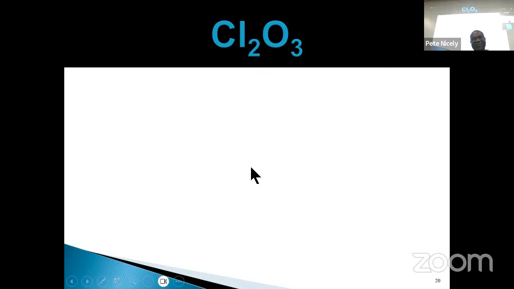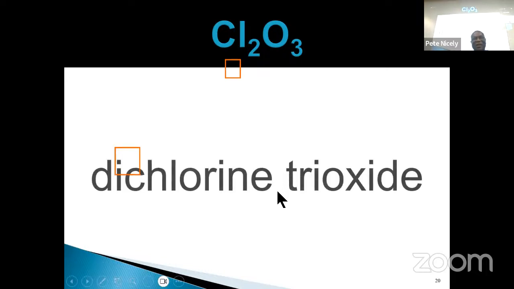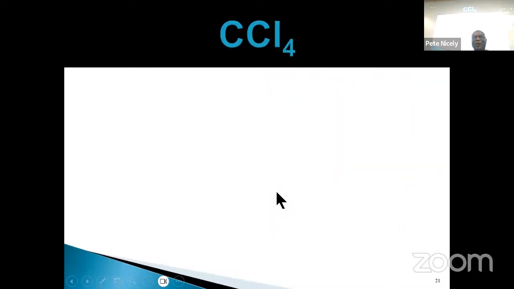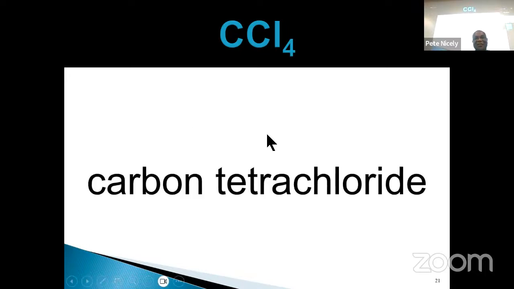Trioxide, exactly. So it's dichlorine trioxide. Very good. What about this one? And by the way, this is chlorine. This is not an I, it's an L. What would be the name of this particular compound? Carbon tetrachloride, exactly.